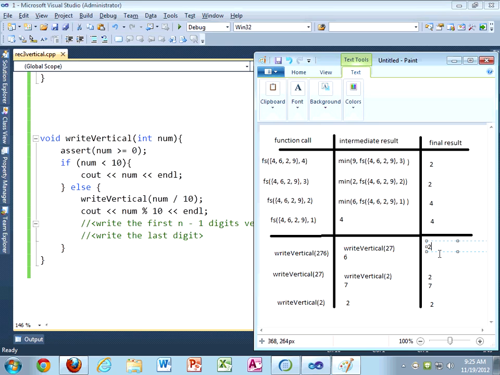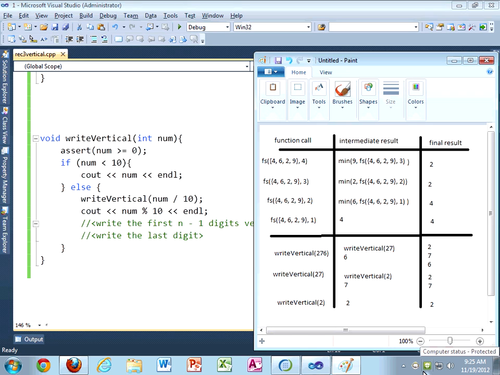So I'm going to do 2, 7, and then under that goes 6. Okay? All right. That was quick. We're getting good at this.